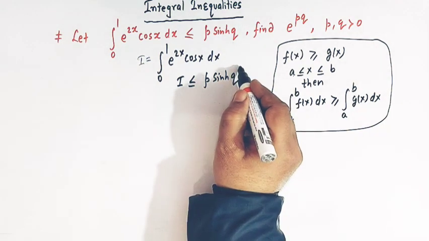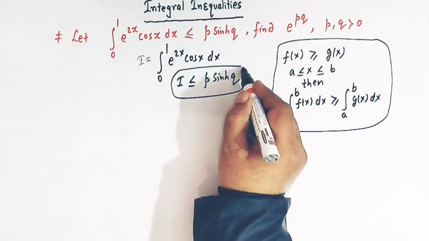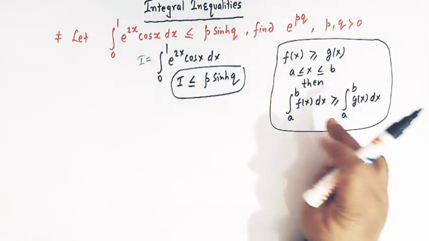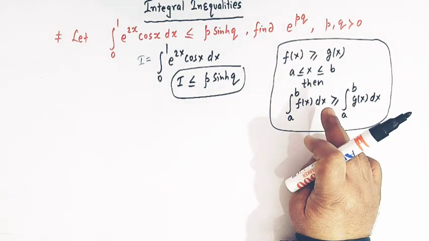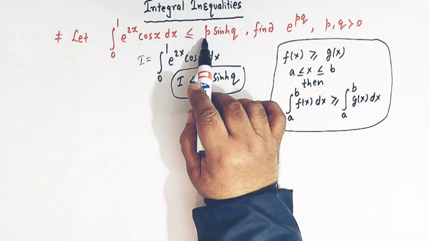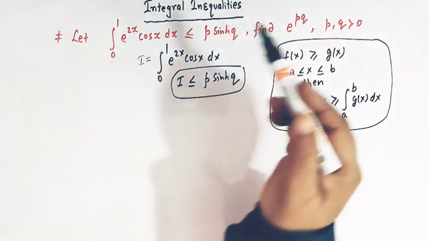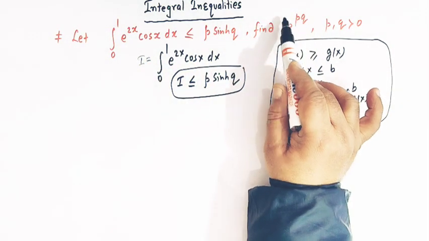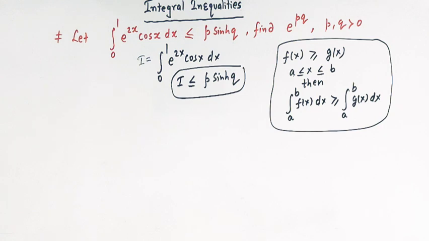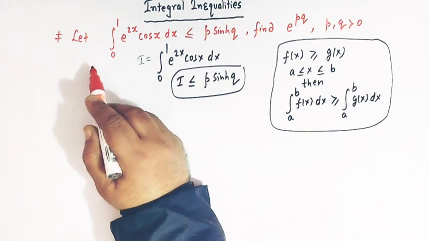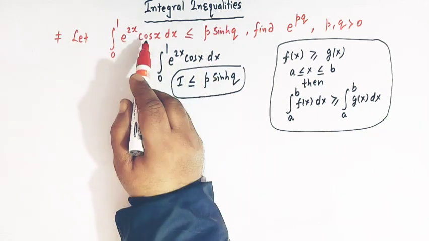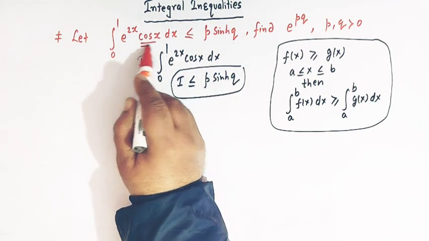With the help of this result, we have to find the values of p and q, and then we can find the value of the expression e raised to p times q.